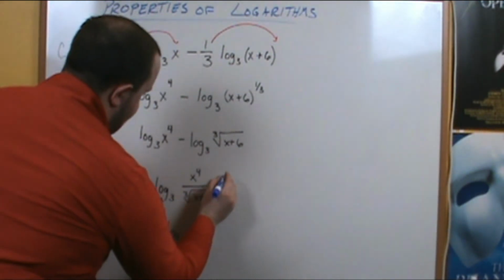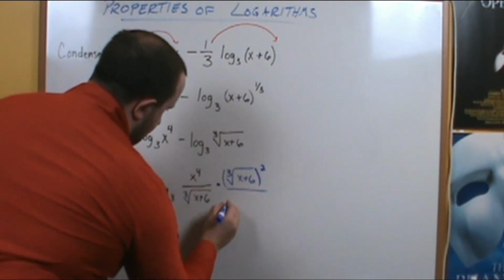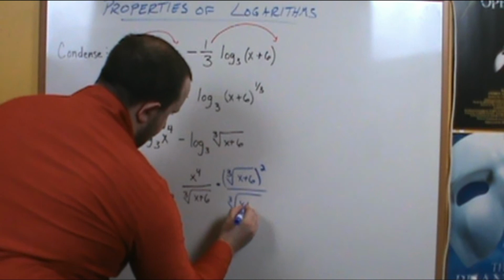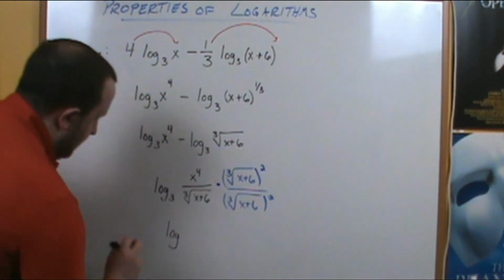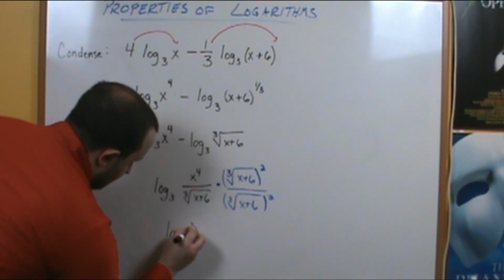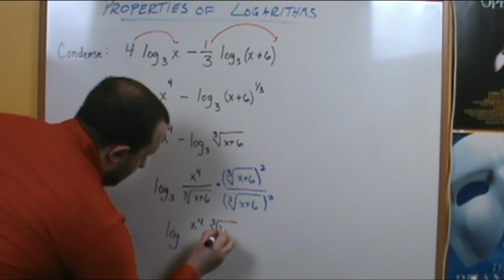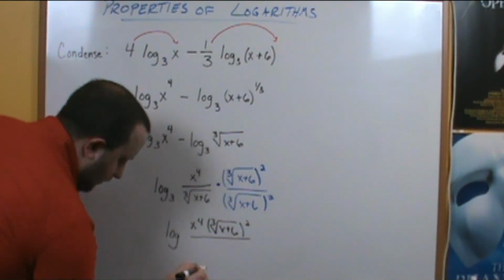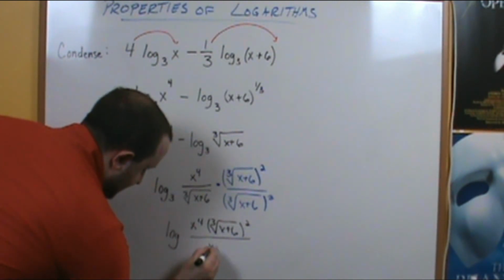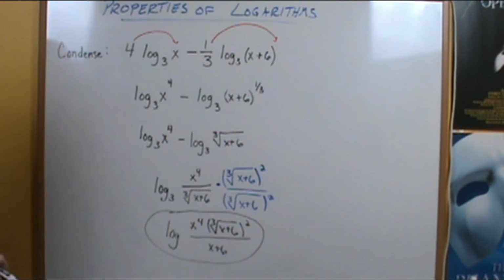So we'll multiply it by the cubed root of x plus 6 squared, and we will get x to the fourth times the cubed root of x plus 6 squared over x plus 6. And there's your answer right there.